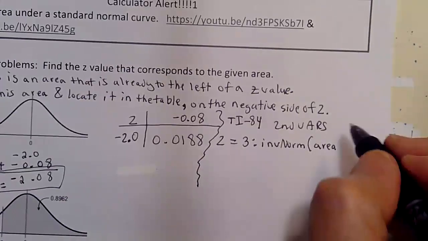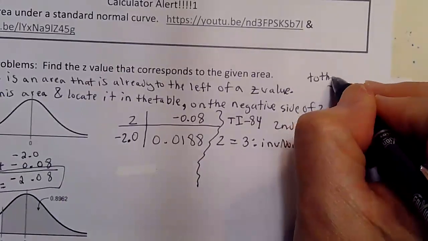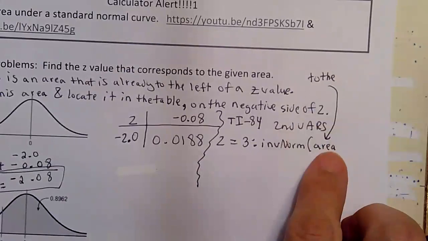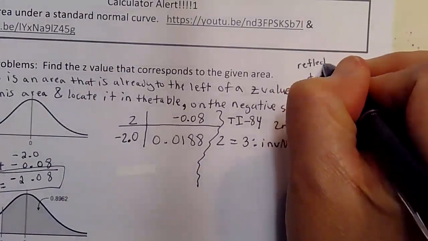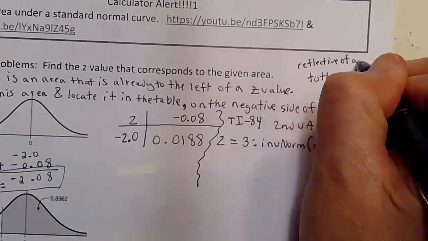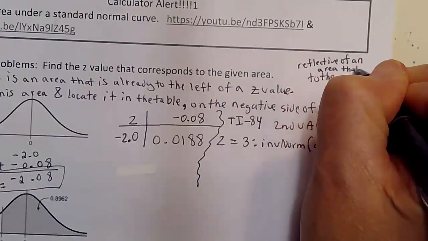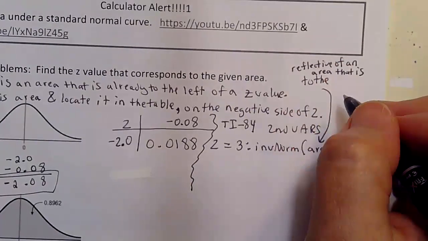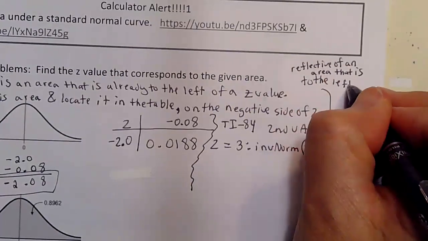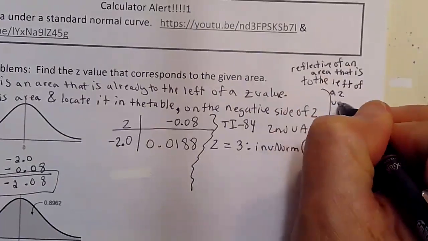When you put in these numbers for the area, you have to make sure this area is reflective of an area that is to the left of a z value.